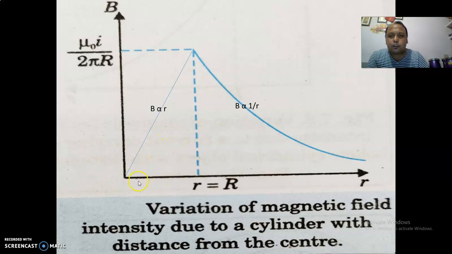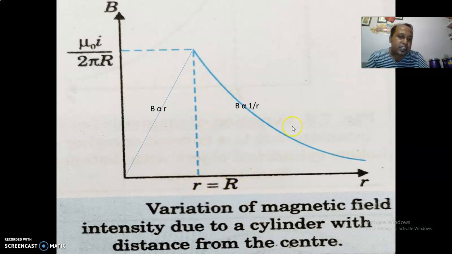When the value of small r is less than capital R, that is, the point is inside the cylinder, at that time we have seen that the magnetic field is directly proportional to r. So that's why we get a straight line up to the point capital R, which is the radius of the cylinder.